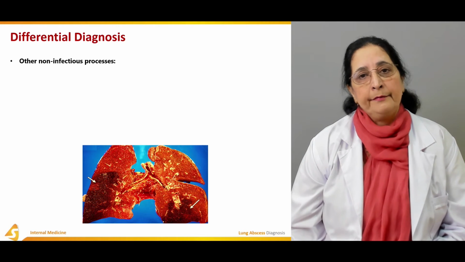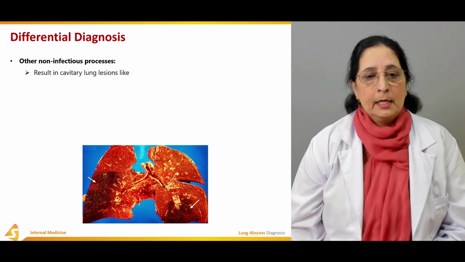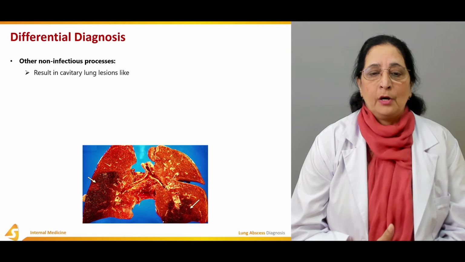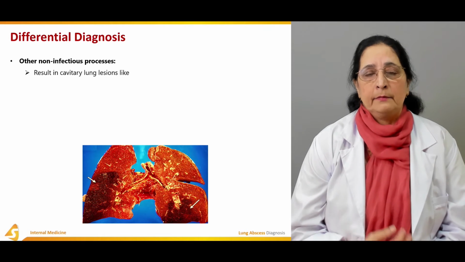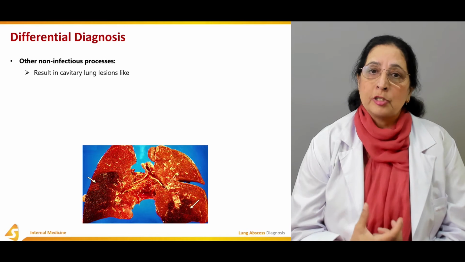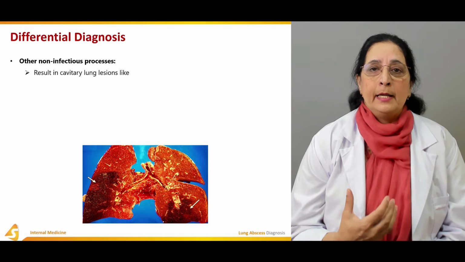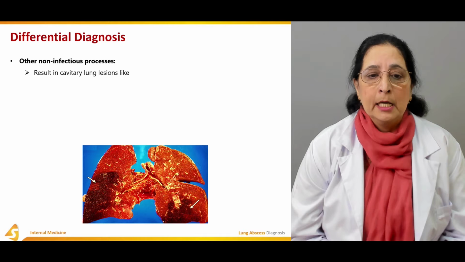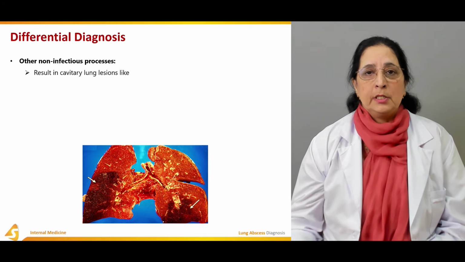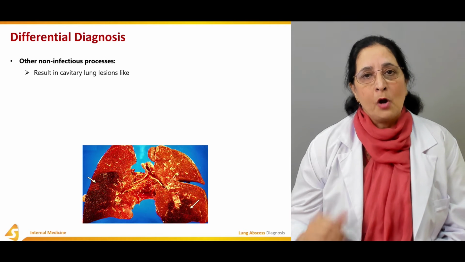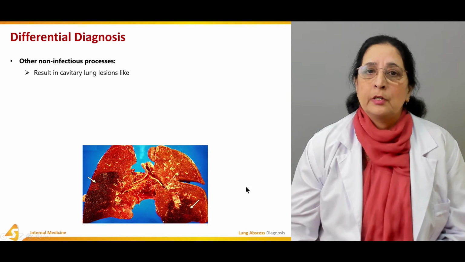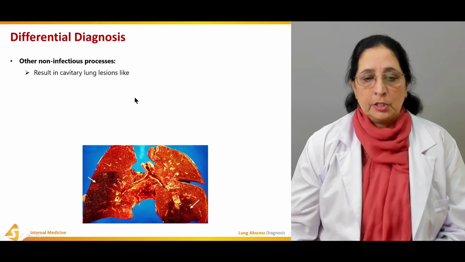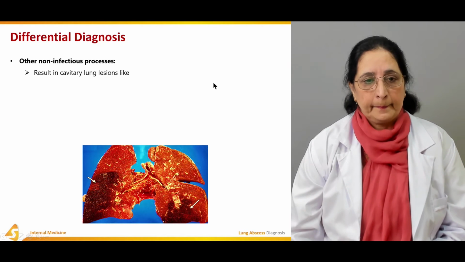So differential diagnosis of the lung abscess. Other non-infectious processes can lead to the formation of cavity in the lungs. We said that there is necrosis of the lung tissue and the cavity formation along with the lung abscess. If that is associated with some other non-infectious processes or conditions, that comes under the differential diagnosis of the lung abscess.